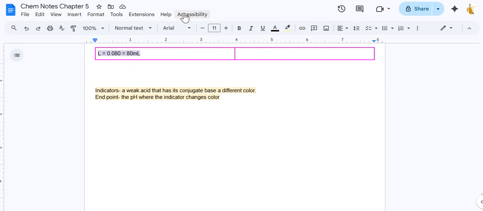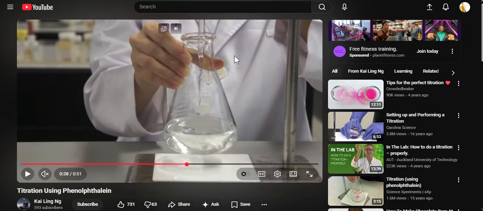So in the Gen Chem 1 titration lab, we had something like this, right?